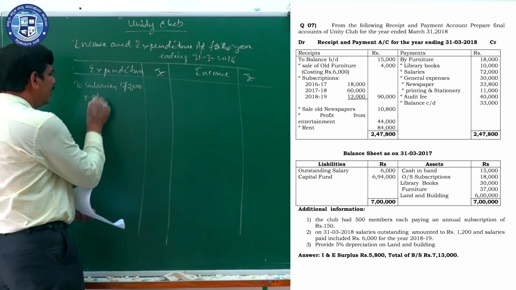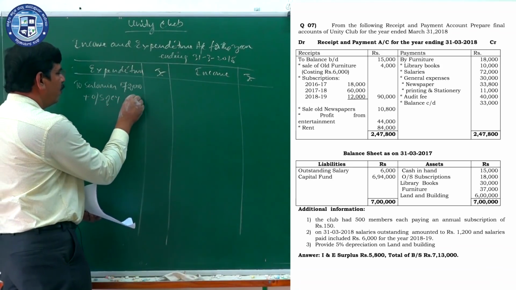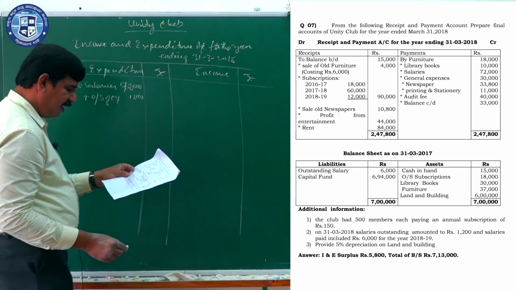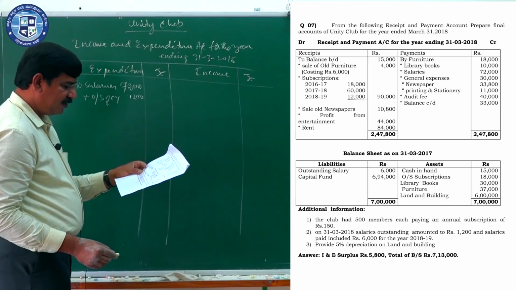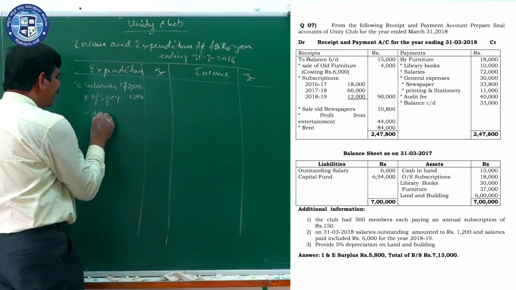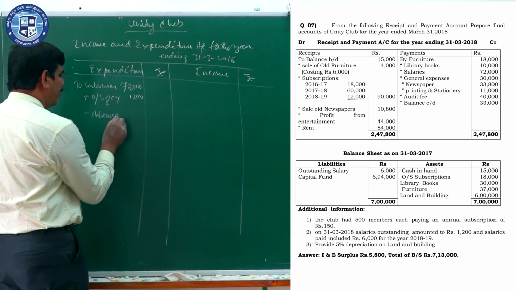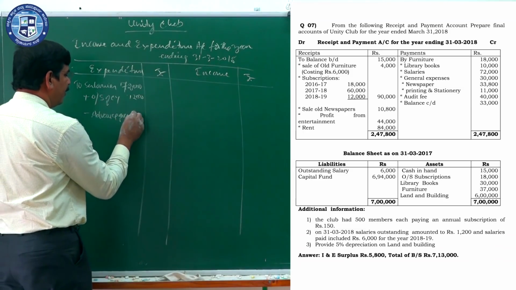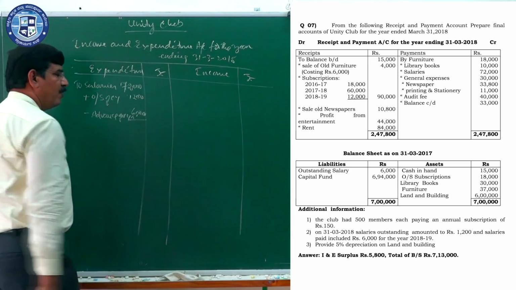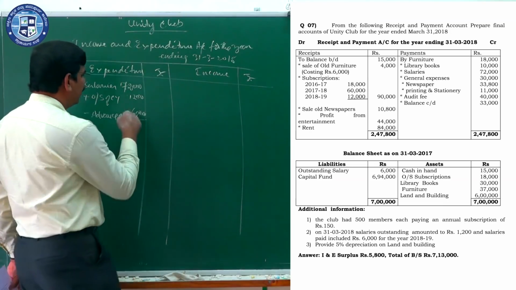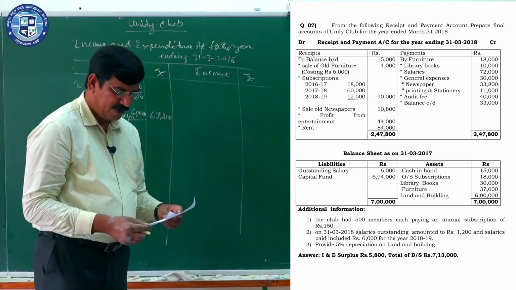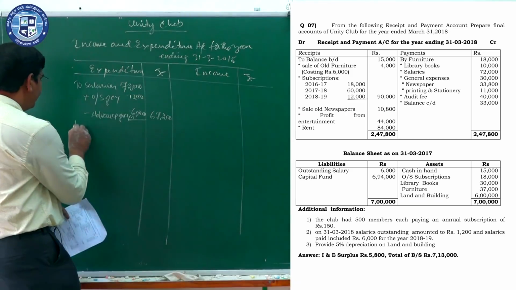So the current year's outstanding of 1,200 you have to add, and at the same time the salary paid included rupees 6,000 for the year 2018-19. So the advance for 2018-19 has to be subtracted, advance of next year 6,000. So the amount to be entered in the outer column is 67,200.